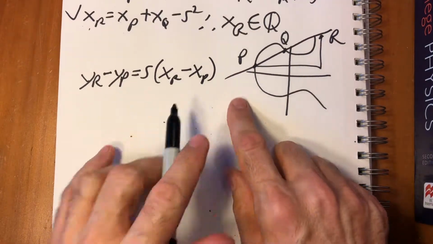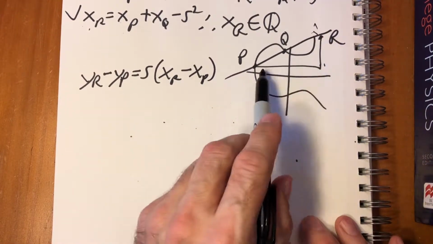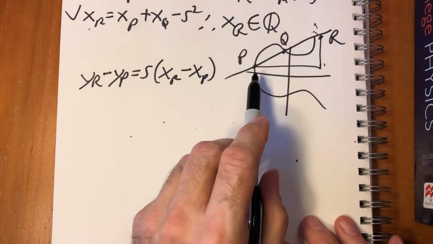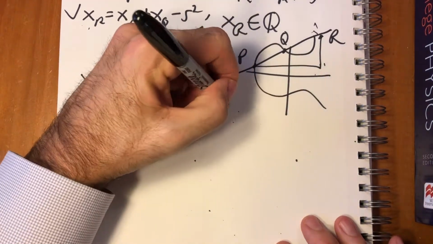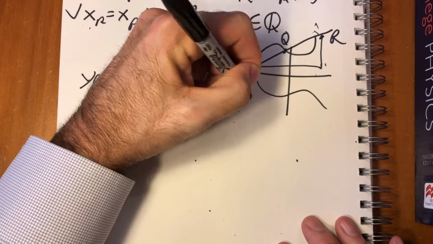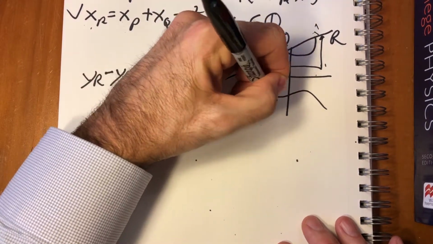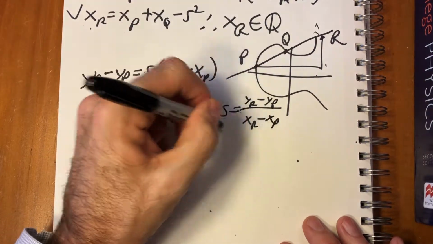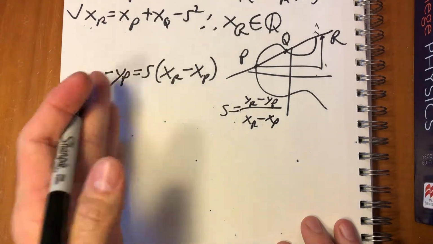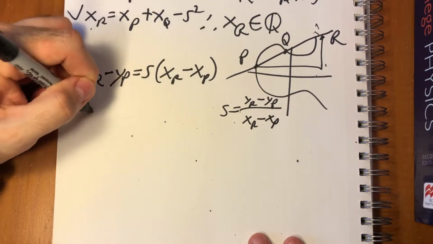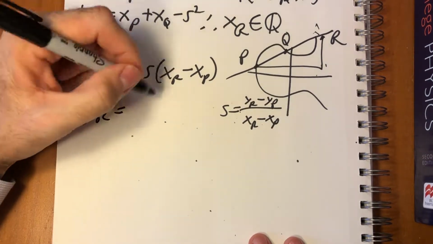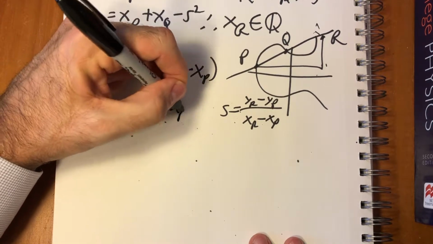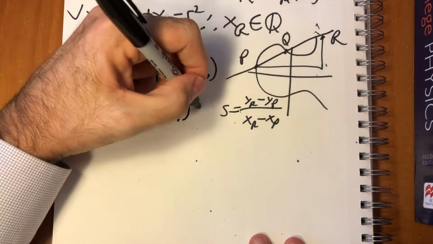This is the same thing we did before. We have the rise between R and P over the run between R and P, and then we multiplied it out. So it was yr minus yp over xr minus xp, and then we just multiplied it out, so we got that. Move this over to the other side, and we have yr equals s times xr minus xp plus yp.